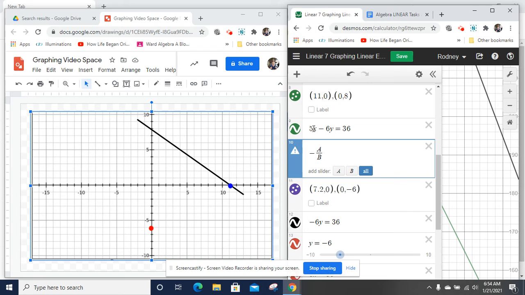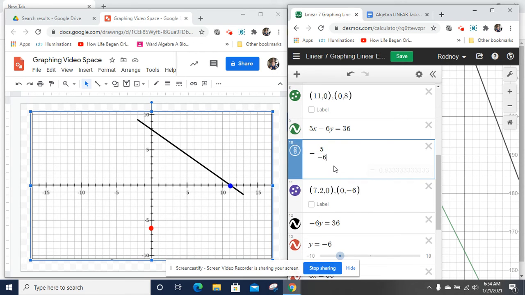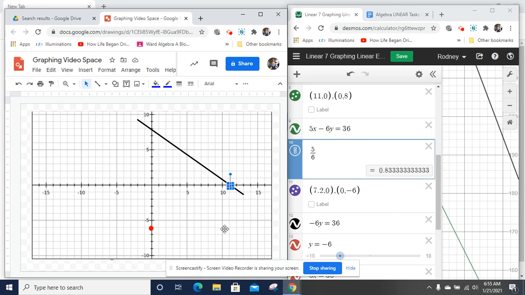Since we have an a and a b, we can just replace those. So a is 5 and b is -6. And we got -5 over -6, and that's very convenient. That means we're going to go up 5, so 1, 2, 3, 4, 5, and then over 6. I'm going to move this point down here so you can see that happening.